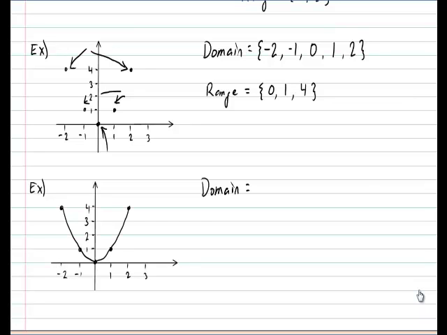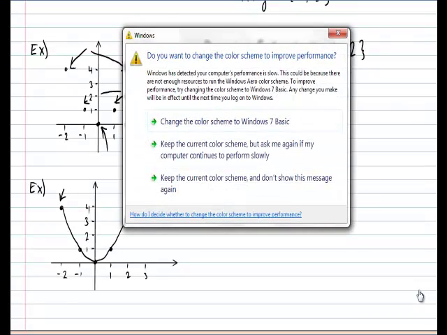Well, let's start on the left side here. It starts at x equals -2, and it keeps going in a continuous curve all along the x-axis. There's no gaps, and it keeps going, and the x values stop over here at this tip of the parabola at x equals 2.